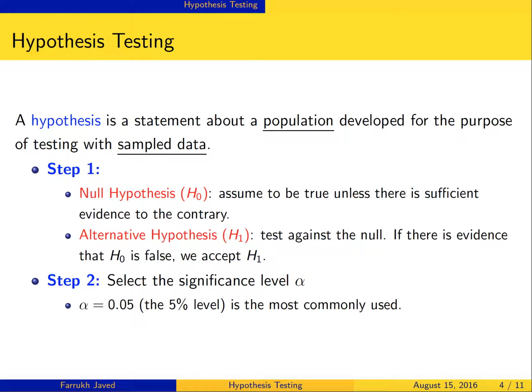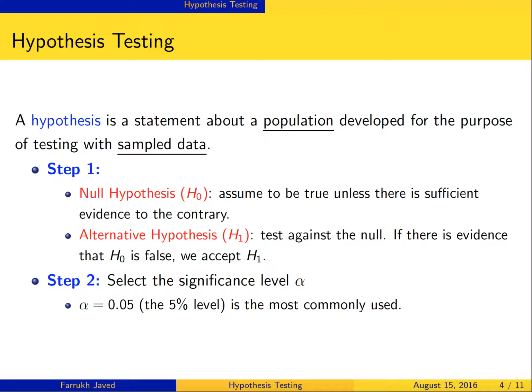Well, we do it by developing hypotheses for the purpose of testing with sampled data. So we have sampled data, and based on that sample data, somehow we develop a statement about the population. And there are some tests which we utilize in between, to validate our hypothesis, to provide some strength to our hypothesis about the population, right?